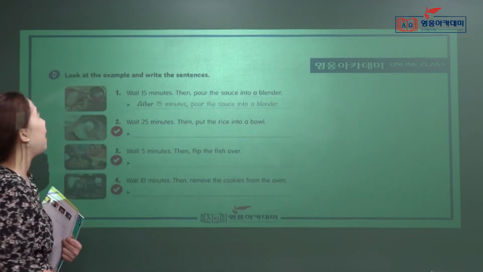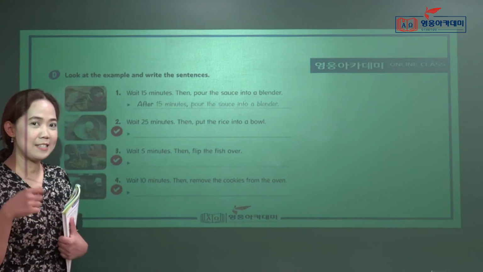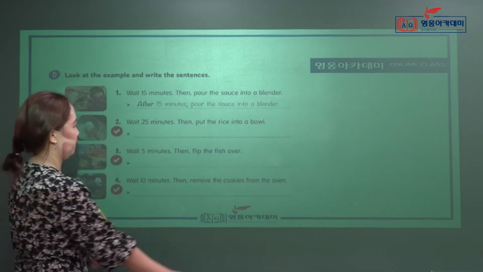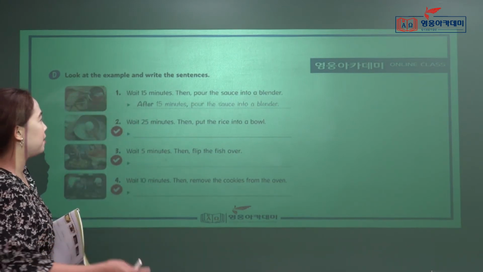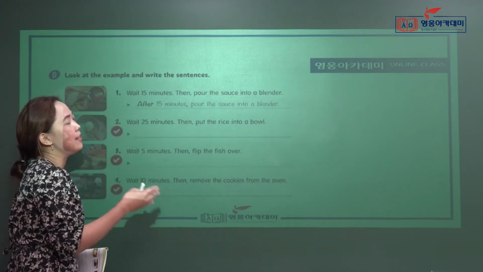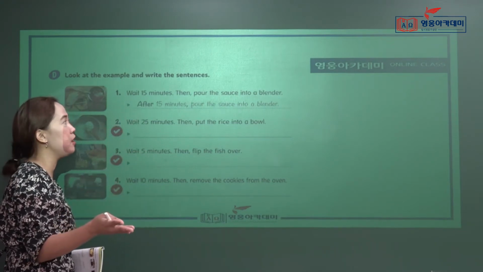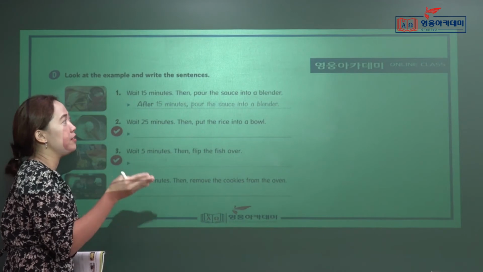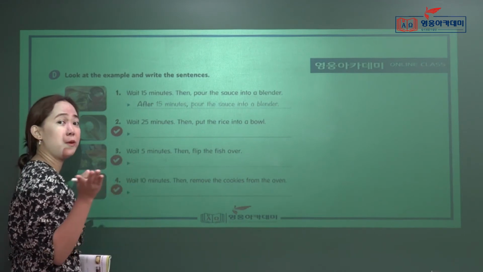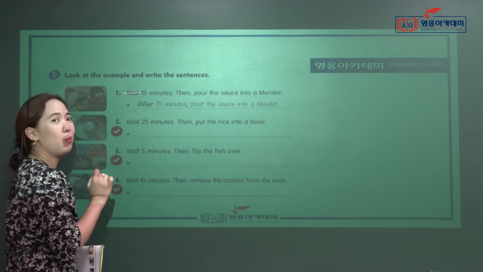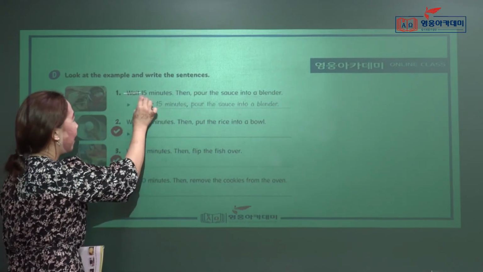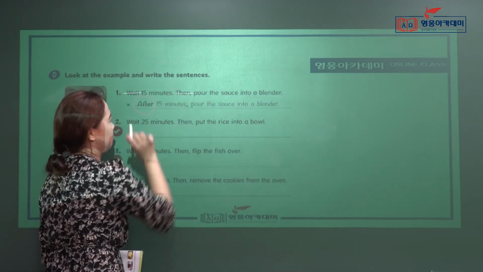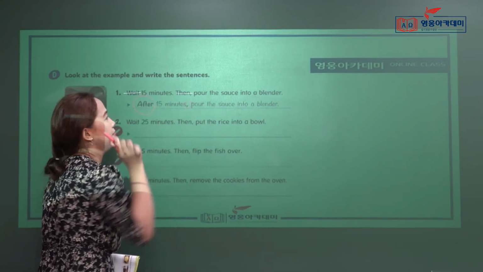Okay, now if you're done with that, this is the last exercise for making sentences. What is the instruction? Look at the example and write the sentences. The original sentence is, wait 15 minutes, then pour the sauce into a blender. But here it's already changed. After 15 minutes, pour the sauce into a blender. So what do you do here? You omit the word wait, and you write the word after 15 minutes, and then also you omit the word then, and then you add a comma.